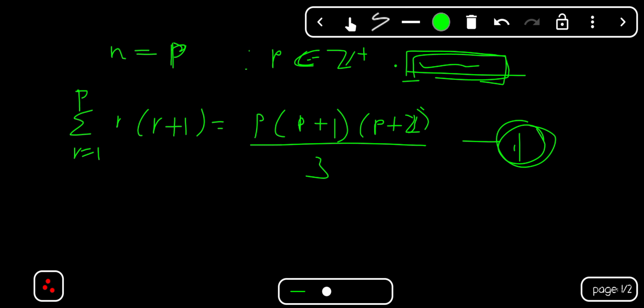This is the assumption. Most of the students, I have seen, do not interpret this. They do not say that p is an element of positive integers. This is very compulsory, otherwise in combined mathematics you will lose marks for this statement. Not only stating let n equals p, as an assumption, but you also have to introduce what the little p is.